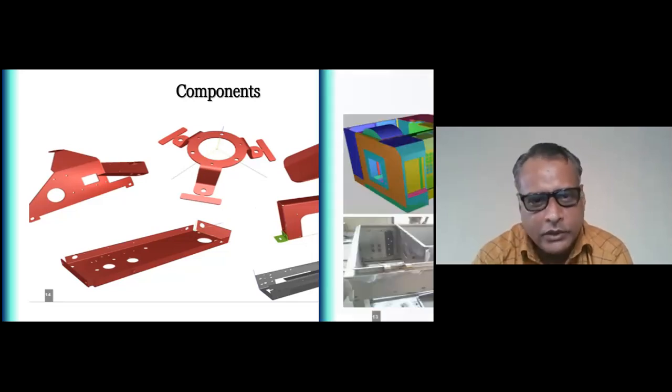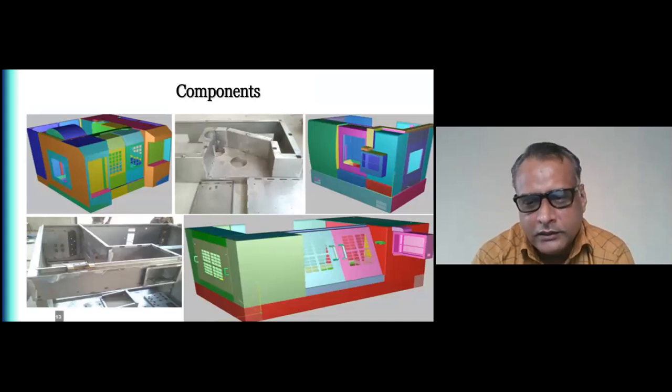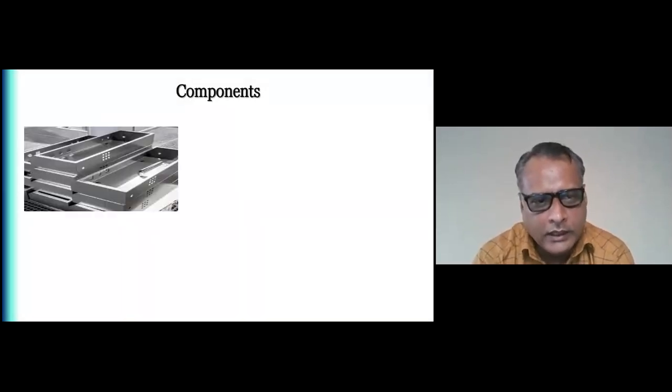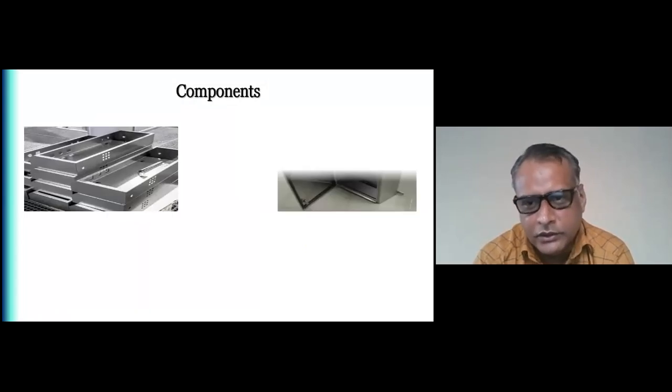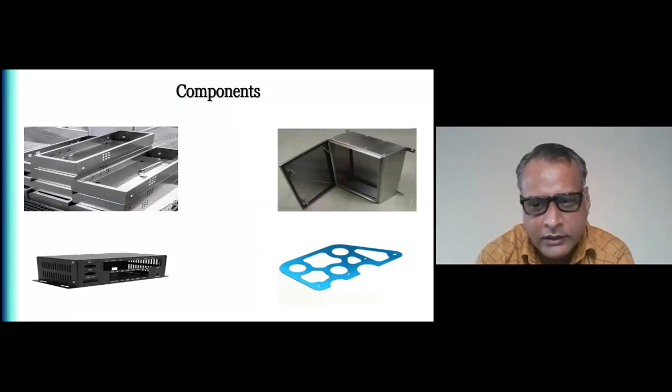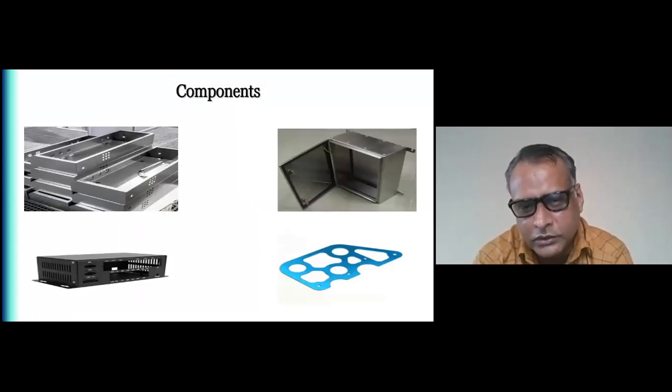These are various components, such as CNC machine enclosures. There are other components such as electrical enclosures, distribution boxes, electronic enclosures, and these metal gaskets are also components of sheet metal.